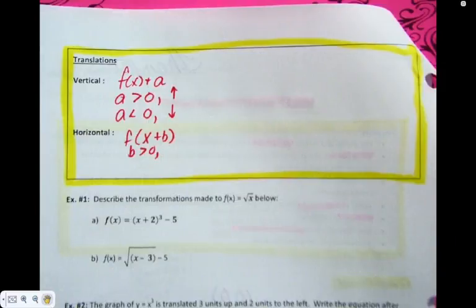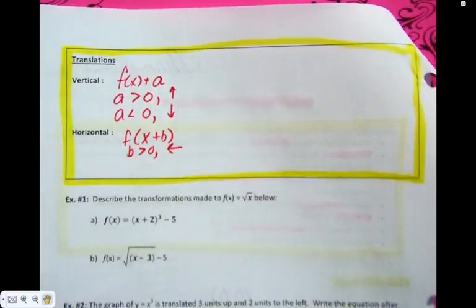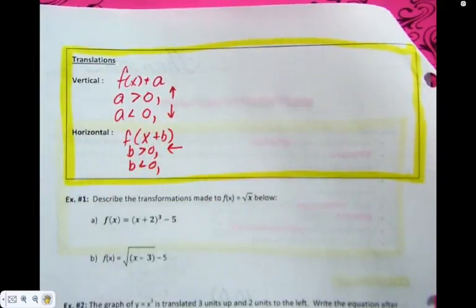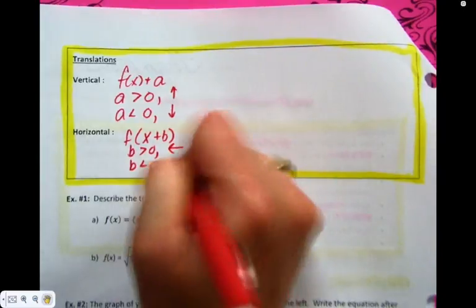You just memorized it with parabolas. If it's positive, it feels like it should go to the right, but it actually ends up going to the left. If b is a positive value, it ends up going to the left. If b is less than 0, let's see if I got the smart class. It goes to the right.